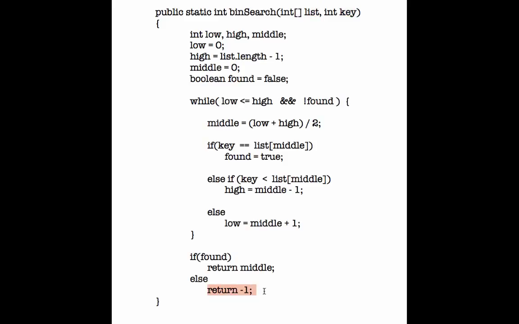Returning -1 in computer science is a convention that says if you're searching an array and you return -1, that translates to not found. You are probably familiar with some methods of different classes that return -1, and all of them are used to indicate failure.